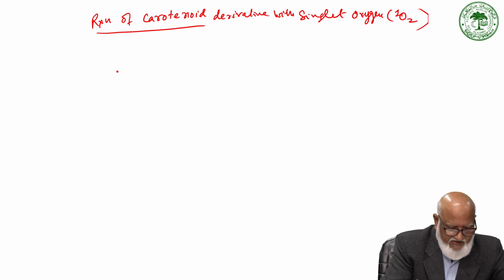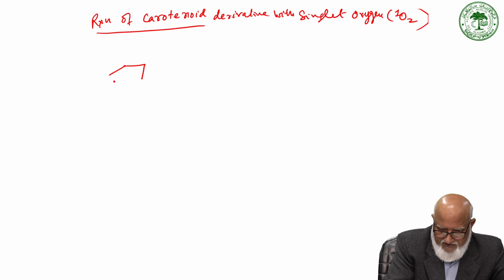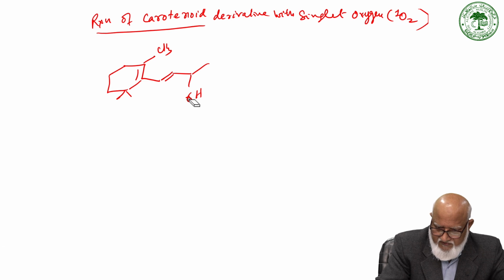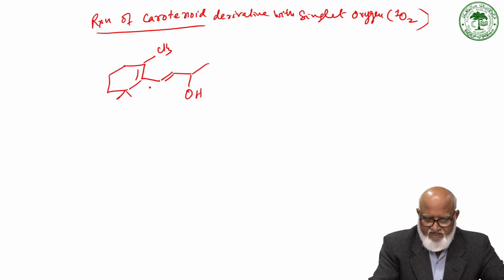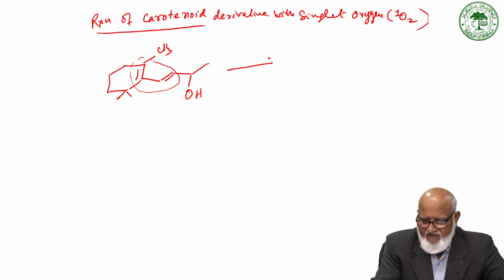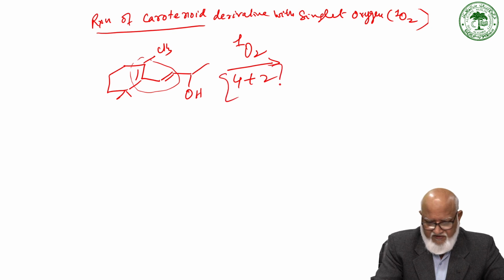The starting compound is this one. You have a dimethyl here, a CH3, a double bond, OH. These two double bonds act as a diene, reacting with singlet oxygen in a 4+2 manner, giving rise to a product like this.